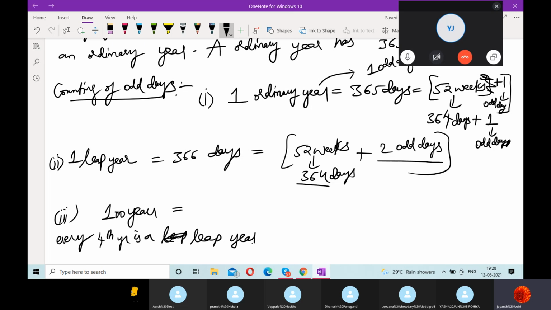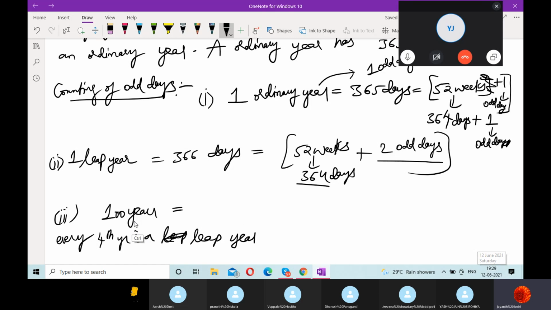So in 100 years every fourth year would be a leap year. But 100 years is a century, and this 100 would not be a leap year, because not every century is a leap year, but every fourth century is a leap year. That point I have already mentioned.